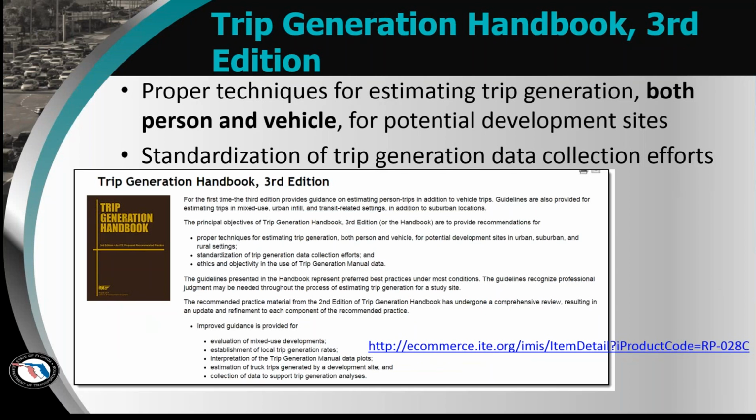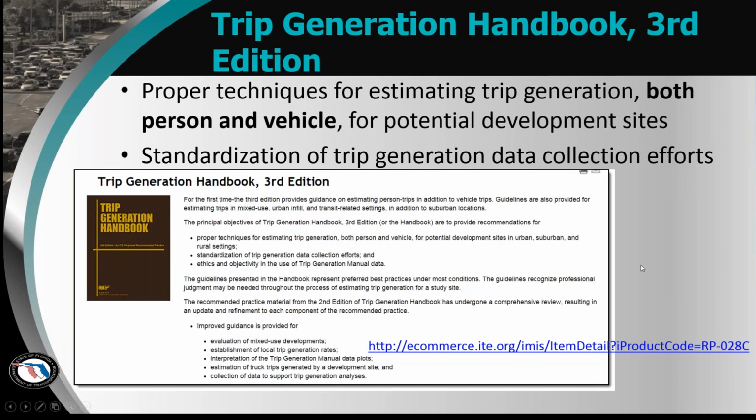It has instructions for things such as mixed use and internal trip estimation. And as I said, just recently, they are really trying to encourage more study of smart growth development and more analysis of person trip making, not just vehicle trip making.